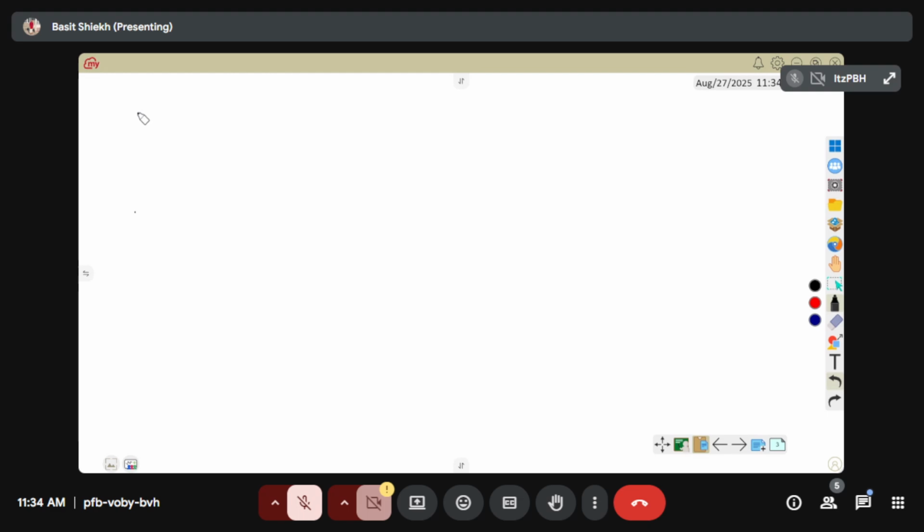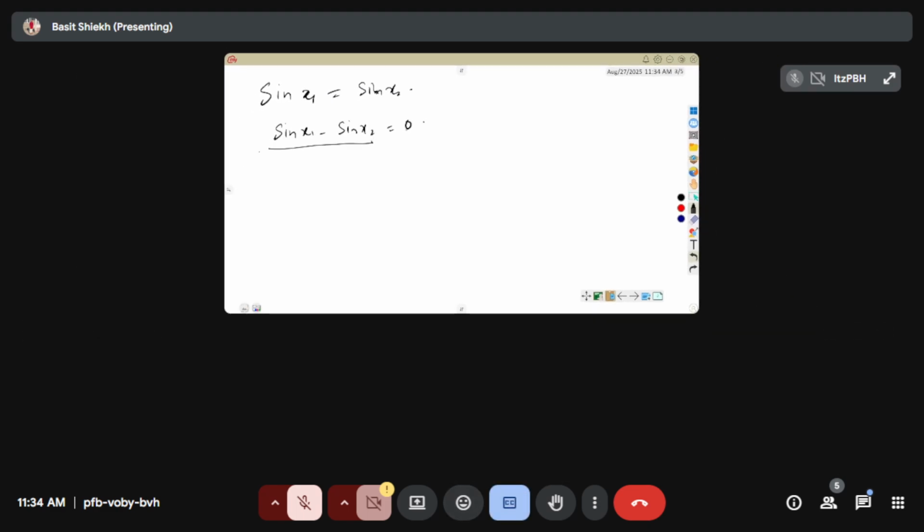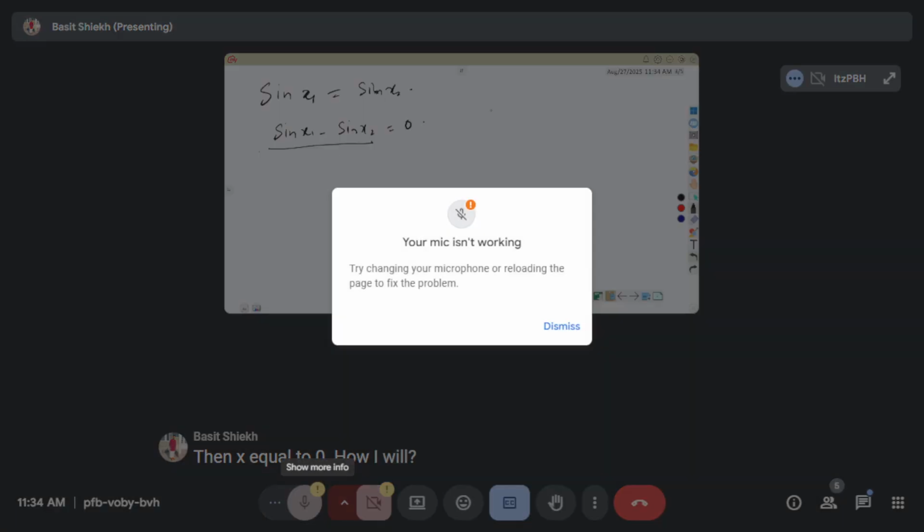See, sin x1 equals to sin x2. Can I shift this sin x2 here? This is sin x1 minus sin x2 equals to 0. Can I write this? And now I will solve this when it's equal to 0. How will I solve this?